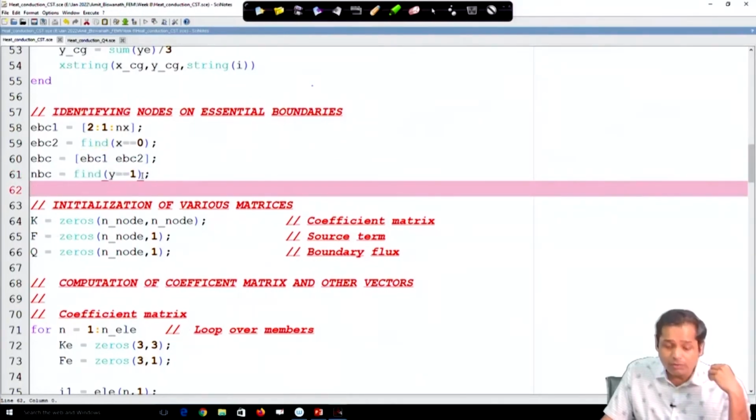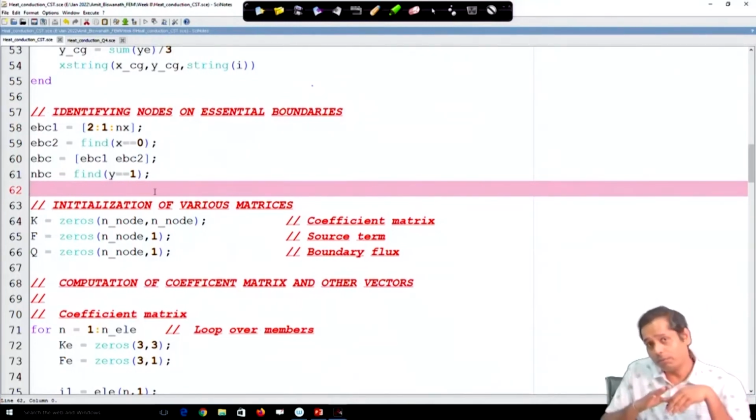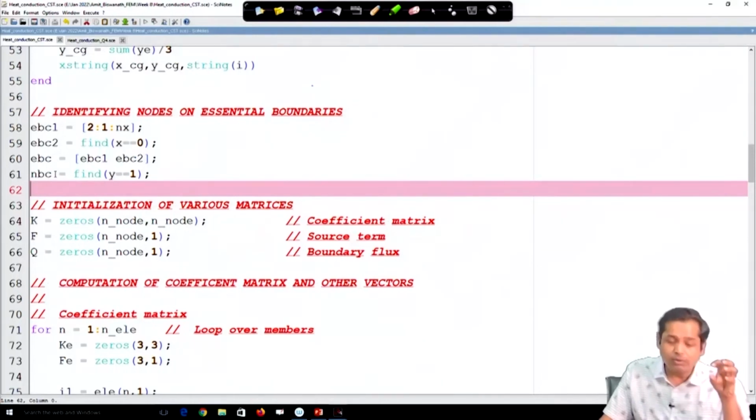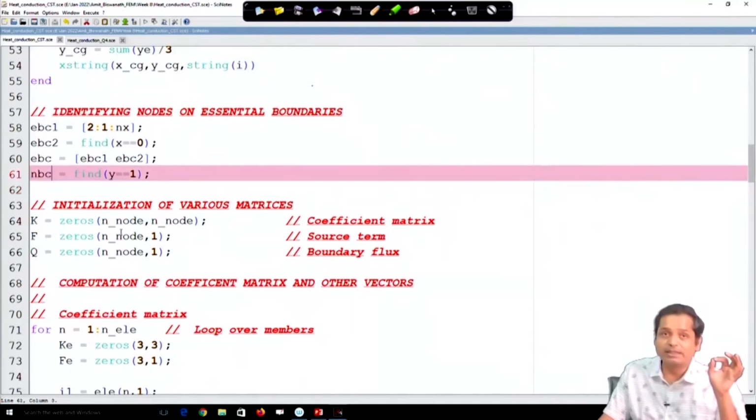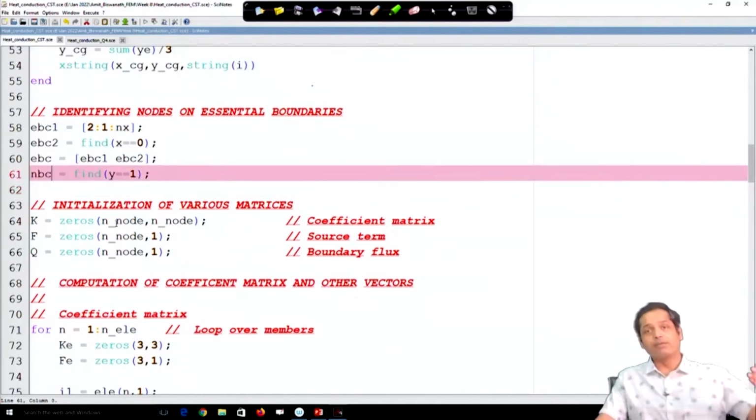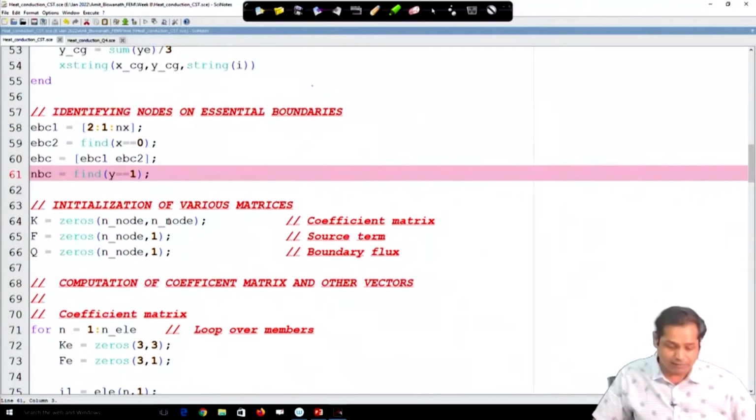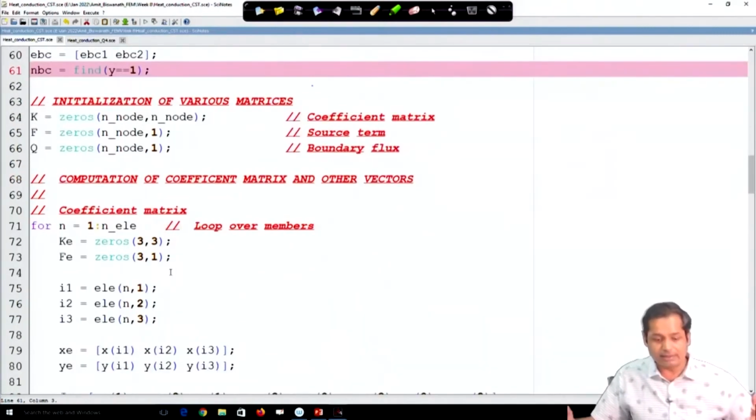So y equal to 1 means it will search over the entire set of nodes and identify only those nodes for which the y coordinate is 1, and then it will store that list of nodes in NBC. So NBC will give you the set of nodes on which the natural boundary condition is specified.